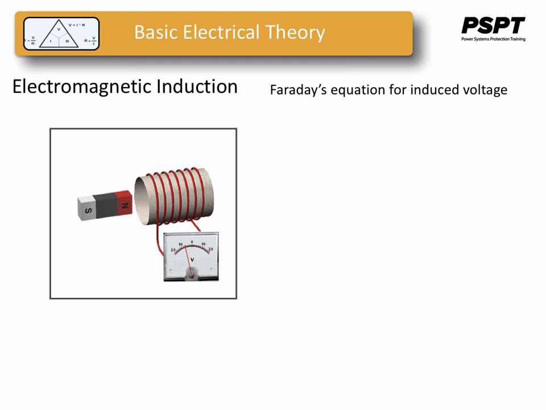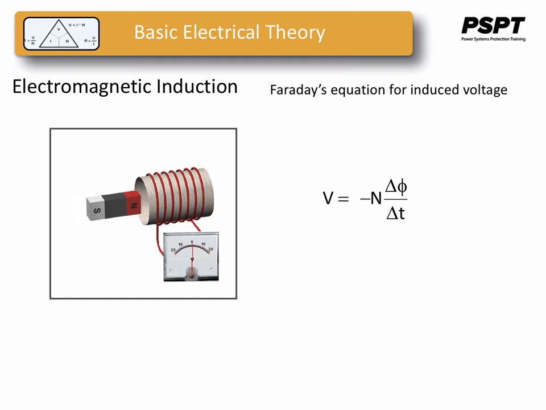An easy way to create a magnetic field of changing intensity is to move a permanent magnet next to a wire or a coil of wire. Remember, the magnetic field must increase or decrease in intensity perpendicular to the wire so that the lines of flux cut across the conductor, or else no voltage will be induced. In other words, a circuit of wire or coil must experience a change in flux, a delta phi, over a time delta t.